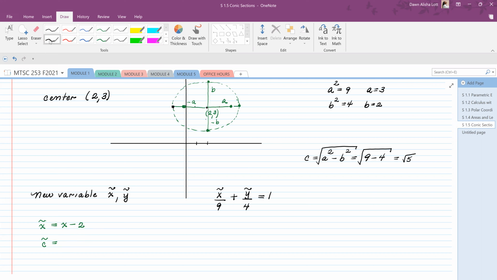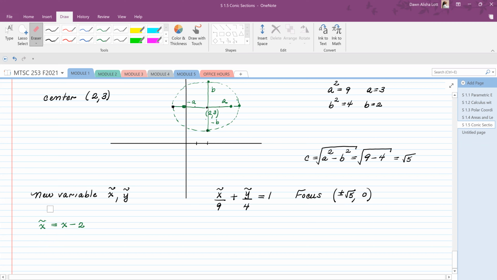Remember, C is the square root of 5. So for this one, the focus would be plus or minus the square root of 5, 0. But that's when it's x tilde. So the foci of x tilde is that.